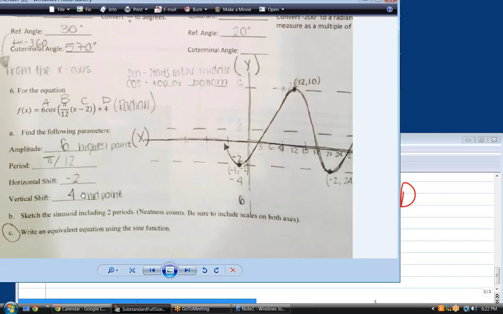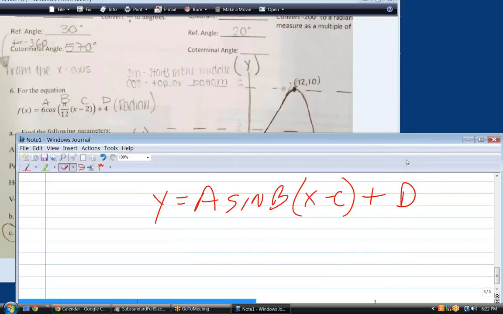We're moving our horizontal line of symmetry, your dotted line here. Right. We're moving it up 4. Not the 2, but the 4. Right. It should be right there. Okay. Now, once you have the amplitude, the period, the horizontal shift, and the vertical shift, you can graph it.